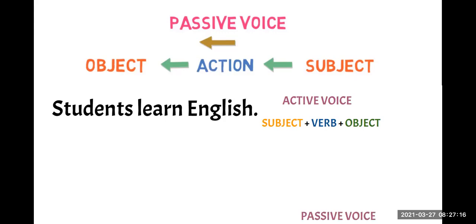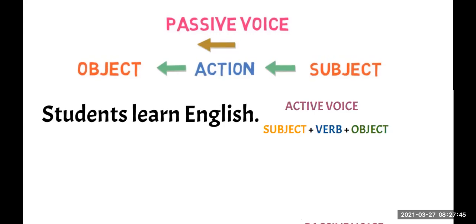Do you remember what is the structure of the sentence in the passive voice? Object, verb to be, infinitive. No, no infinitive. Past participle, right? Yes, the past participle form of the verb. Luis?